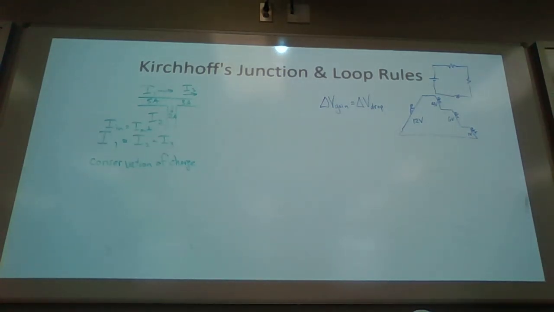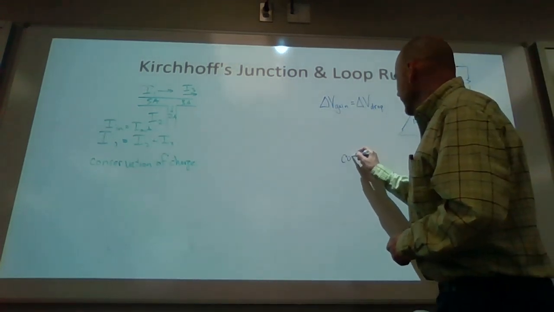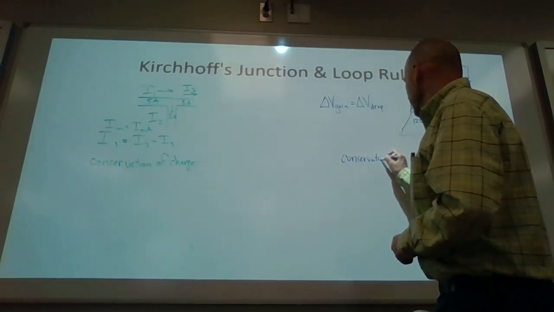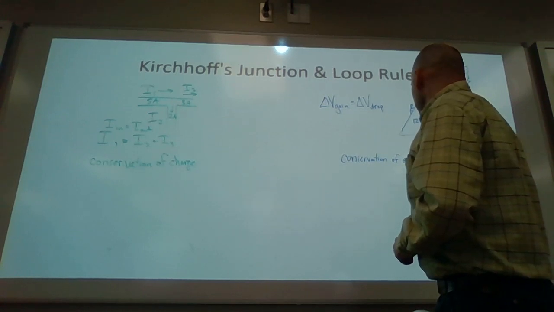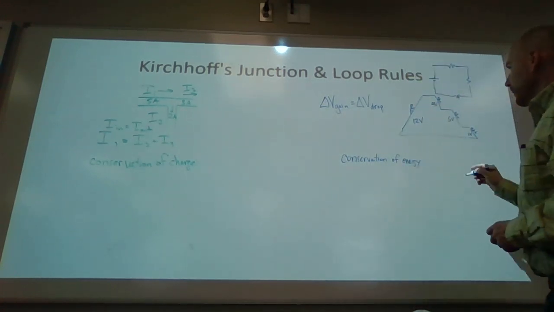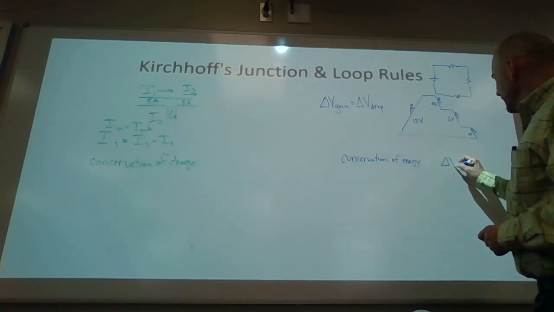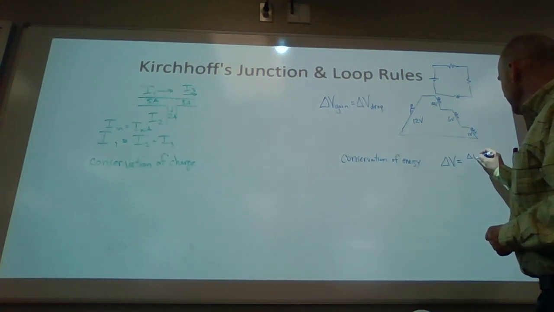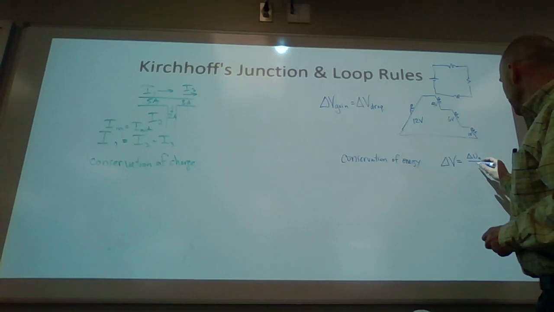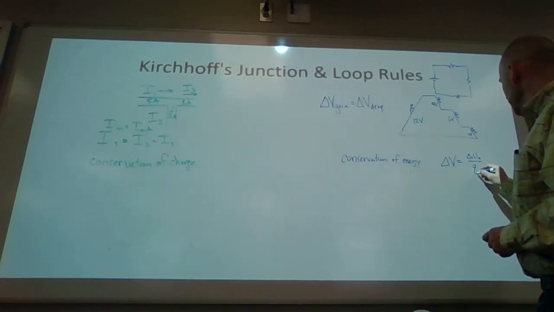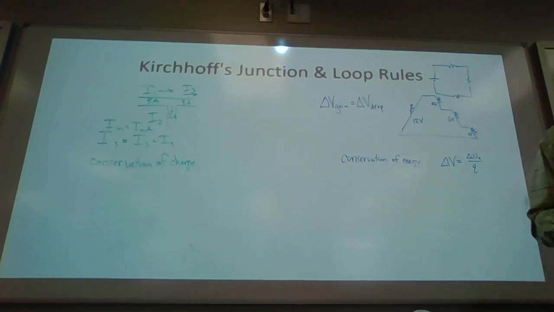So, this is conservation of energy, because what electric potential looks at is how much energy there is for a certain amount of charge, how much energy is being delivered per electron is a very conceptual way to look at it.